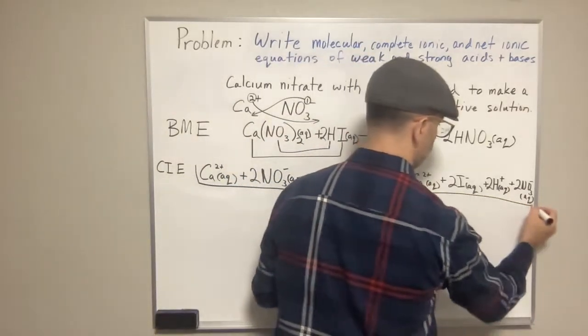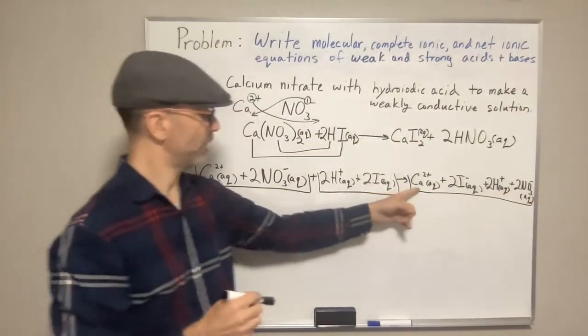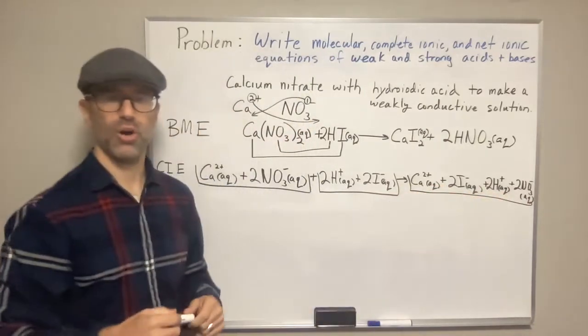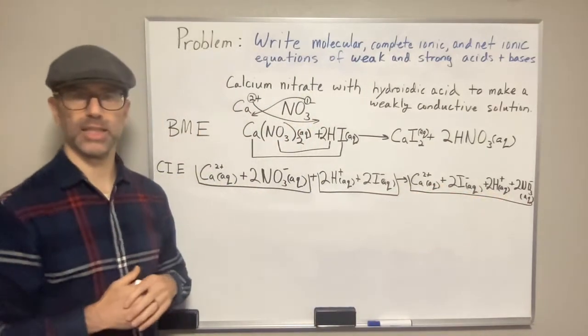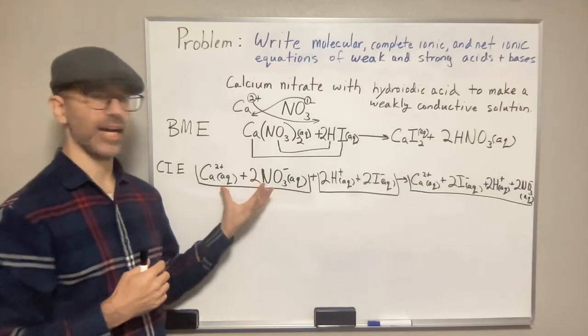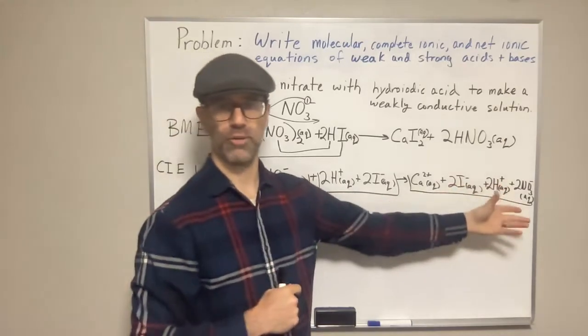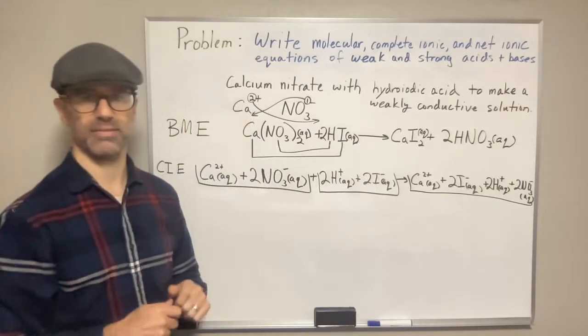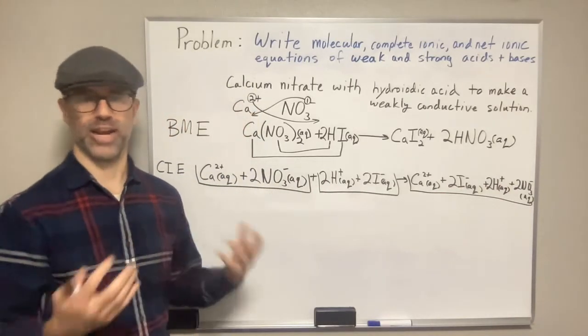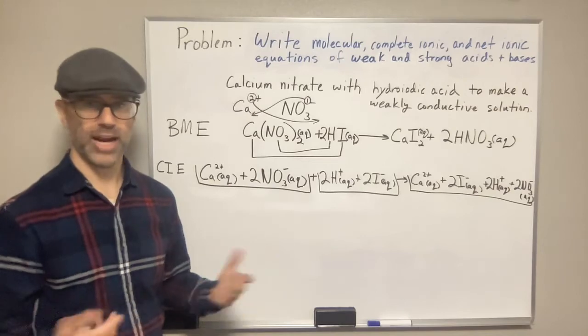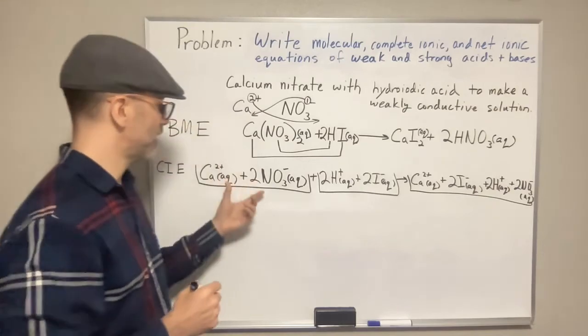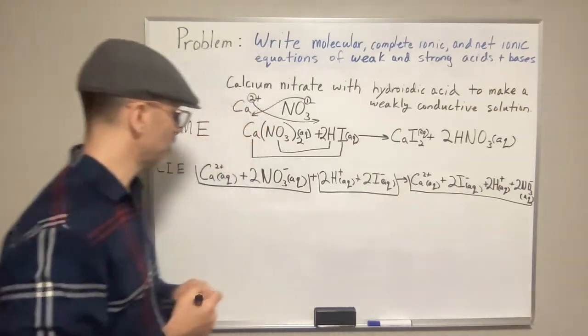And what do you notice? I have all the ions are aqueous, so they're still floating around doing nothing. So if I have ions floating around doing nothing before I mix them, and then I have ions floating around really not interacting after I mix them, is there a reaction? No, there's no reaction here. So that's a dead giveaway that there's no reaction here.